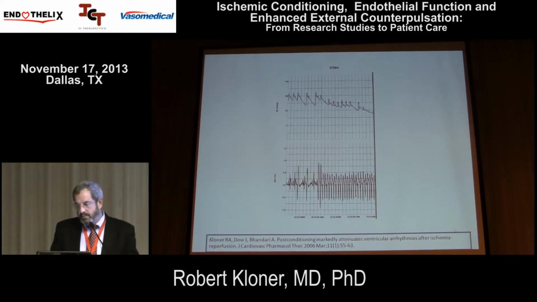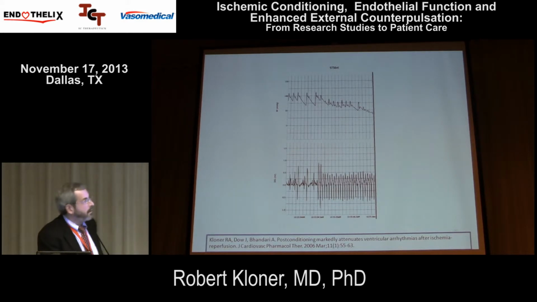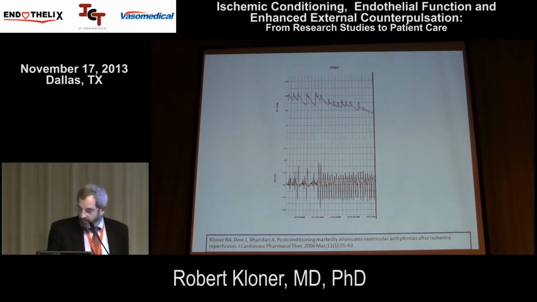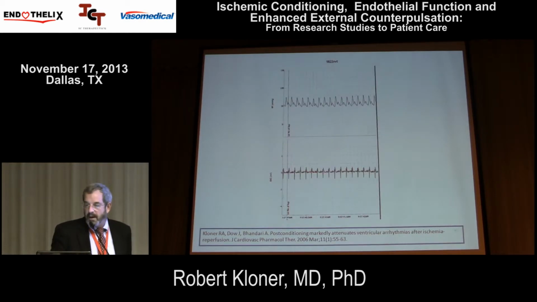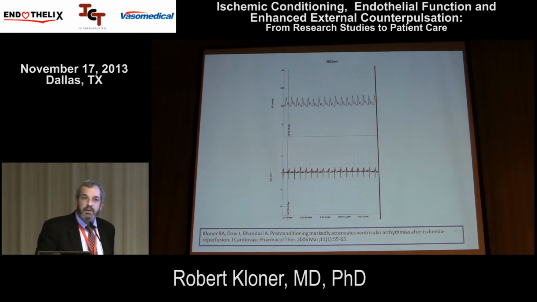So here's a typical control rat, and in this rat you can see with reperfusion there are ventricular premature beats and then a run of ventricular tachycardia associated with a fall in blood pressure. In contrast, in animals that were postconditioned, we typically saw a lack of arrhythmias during the longer reperfusion phase, as shown here. This was an animal treated with postconditioning, in sinus rhythm.